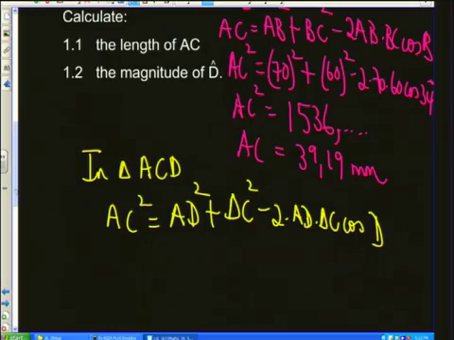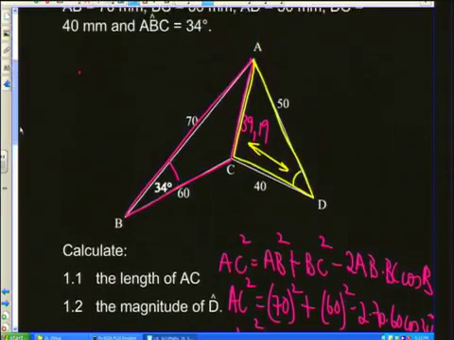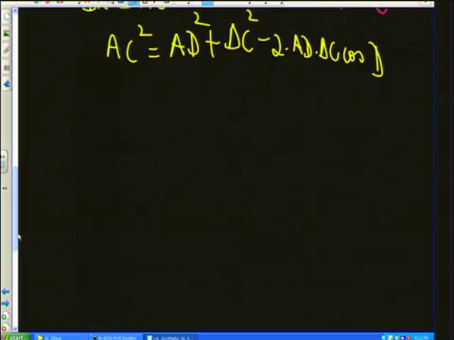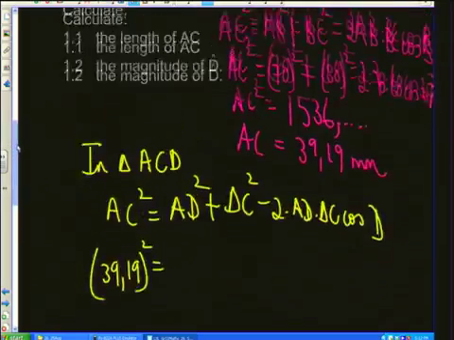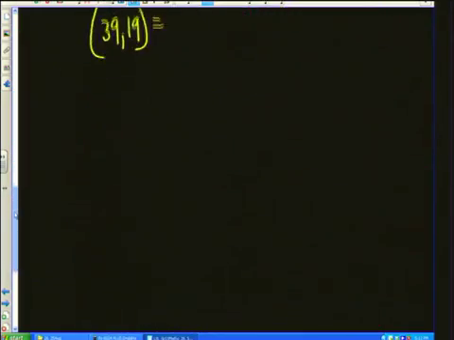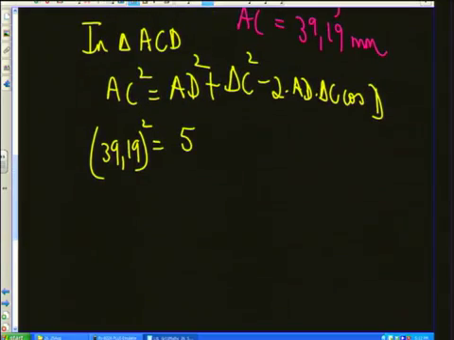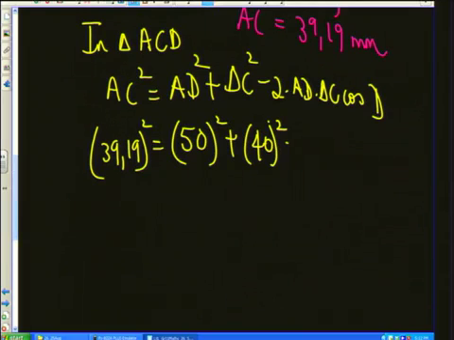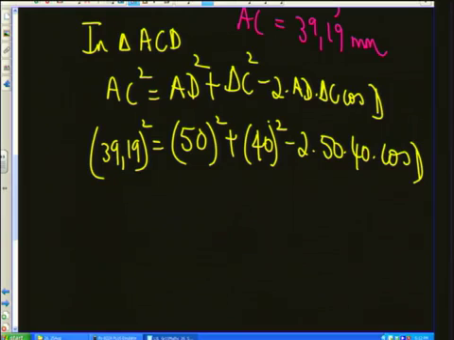So if we substitute in first the values, AC is what we've just found. It's our 39,19. Our AD is 50 and CD is 40. 50 squared plus 40 squared minus twice of 50 times 40, and then this cos D where we're trying to find out what that is.